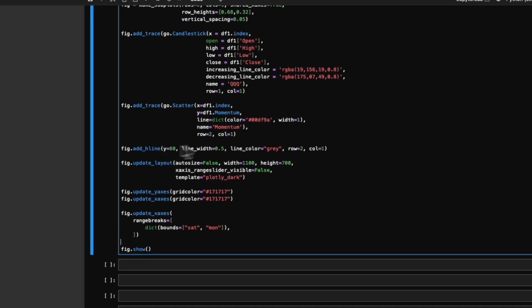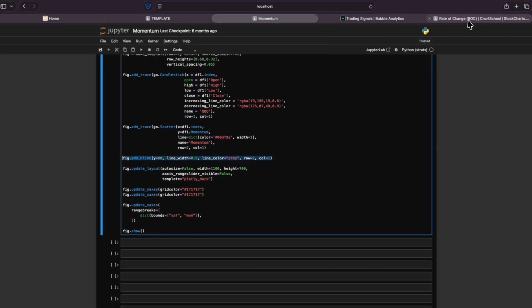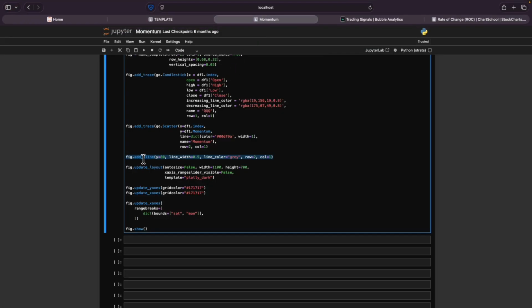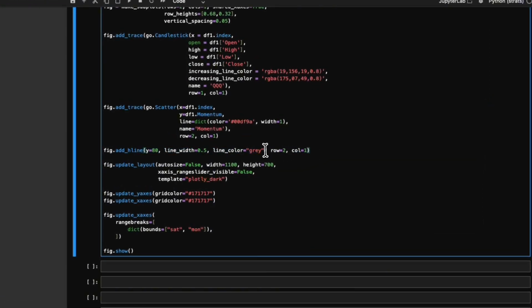Oh, and this sets a horizontal line on the chart, a bit like stock charts did here. They added some red lines here to show you sort of extremes. We're going to do the same thing by adding an H line, a horizontal line, which is going to be in row 2 for our indicator data, and is going to be a 0.5 line width gray line, basically.